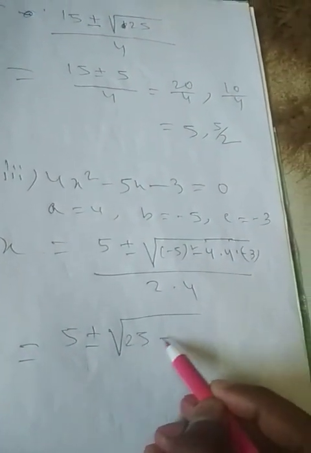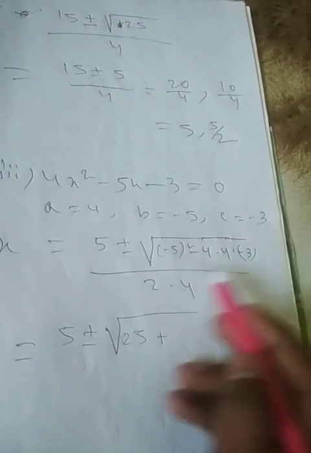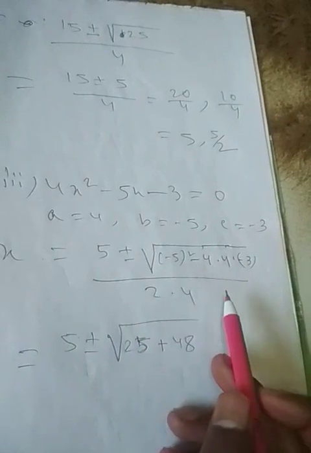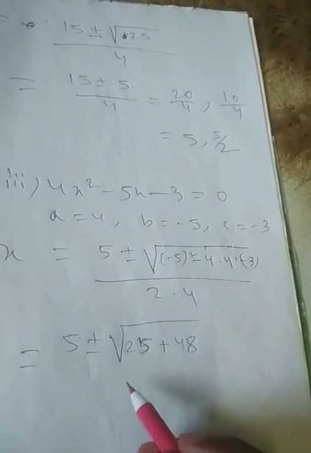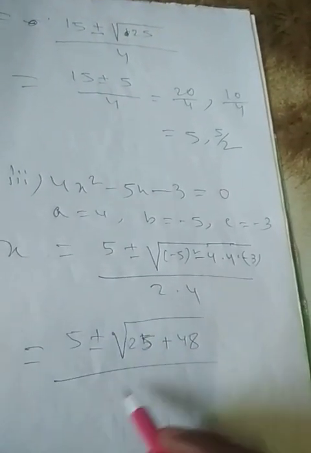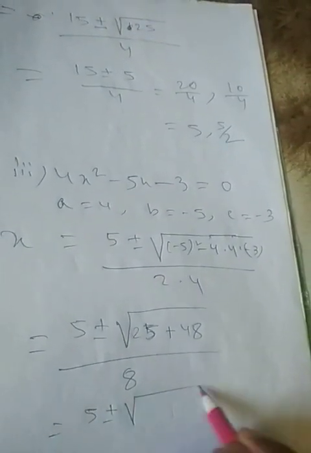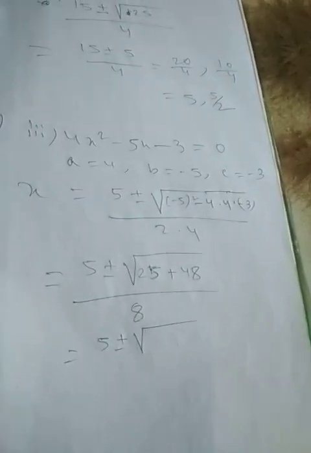That means 25 plus, because minus minus is plus, 48. Now 5 plus or minus root over 25 plus 48, how much is that?